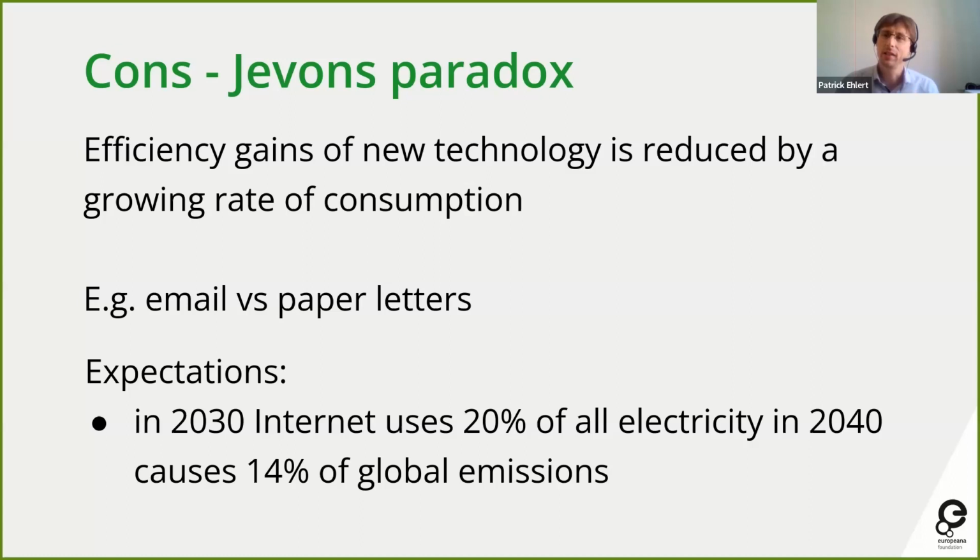And the expectations are that the increase of ICT, of internet, will continue, and that we will be using like 20% of all the electricity in 2014, and global emissions will rise accordingly.